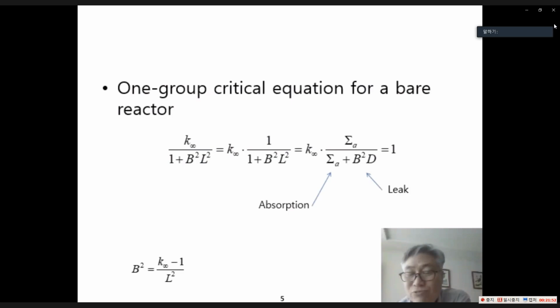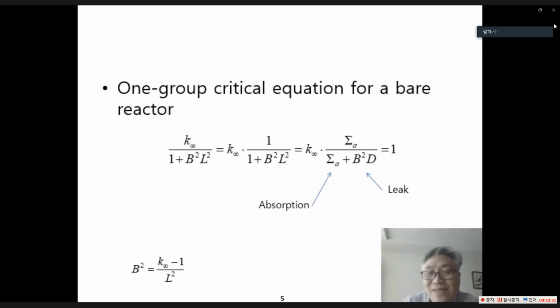Now, what was B square? B square was Laplacian, right? So that means when we multiply flux to the denominator and numerator, then sigma A phi means absorption, and in the denominator sigma A phi absorption, and B square D phi means leakage, right?